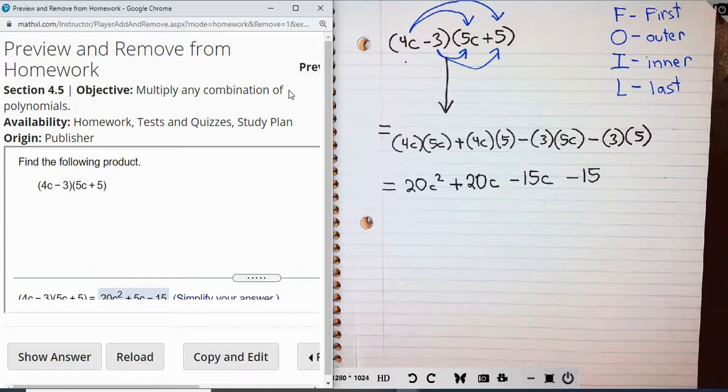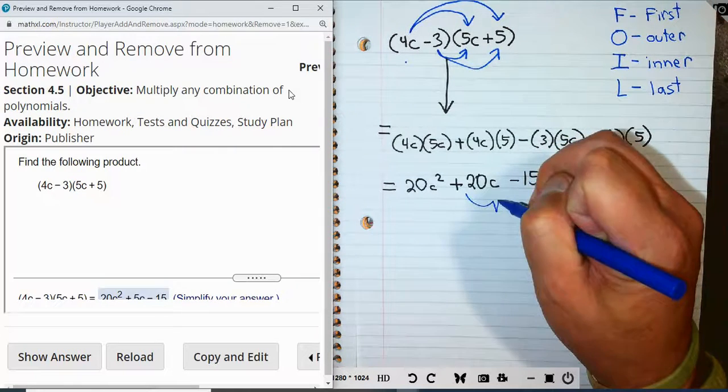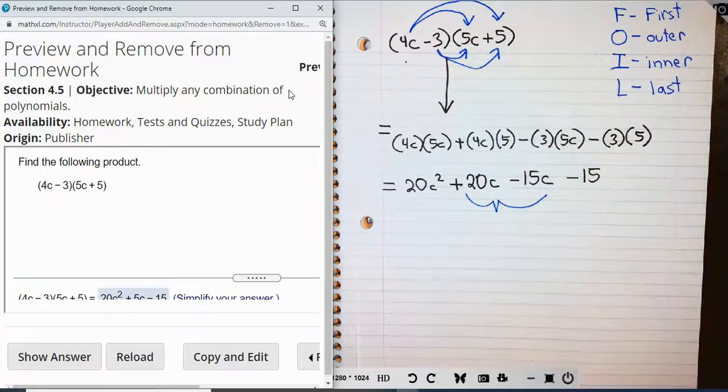A lot of times I'll joke with everyone and say, all right, we're done, right? Well, actually, we're not done. Because remember, when you FOIL, it's very important that at the very end, you combine your like terms. You combine your inner and outer here. It's not complete until you've combined like terms and simplified.